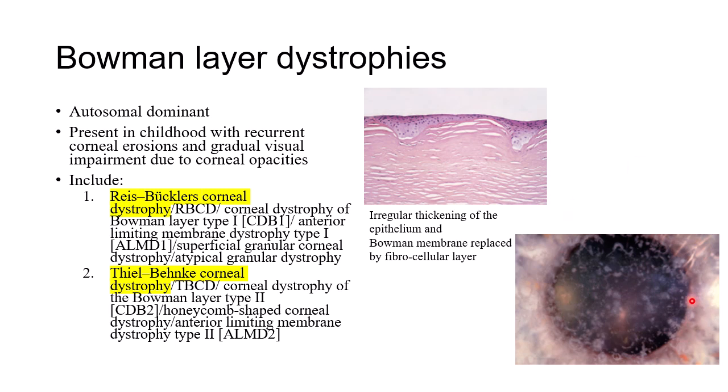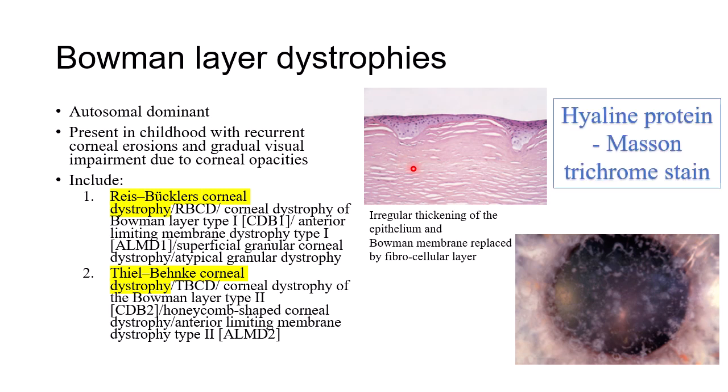So I've shown you the Reis-Bücklers corneal dystrophy over here, and the histological section shows focal absence of Bowman's membrane in these areas, and irregular thickening of the epithelium, right? So what is the stain here? There is a hyaline protein deposited on the histological section, and this stains positively with the Masson's trichrome. This stain you'll also come across in some other corneal dystrophies as we proceed.